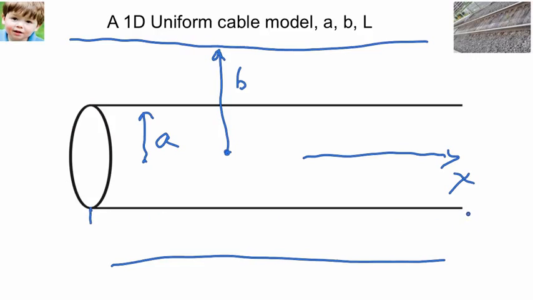So if it goes from here to here, we'll call that distance L. But more often, we subdivide our cable into segments, and we'll say each segment has a length delta X.